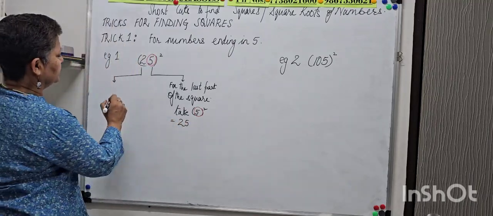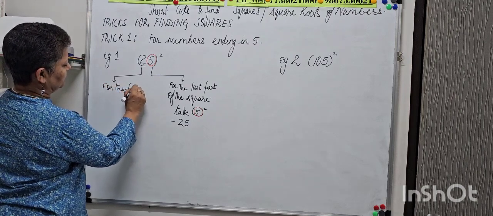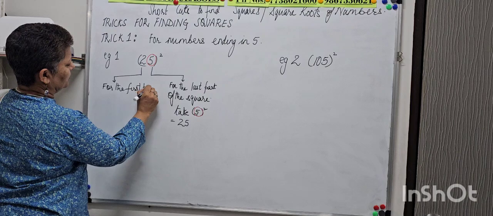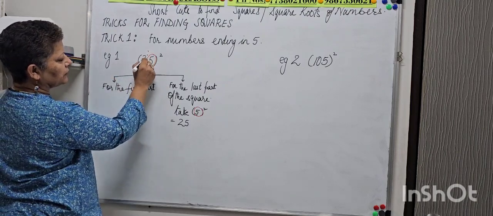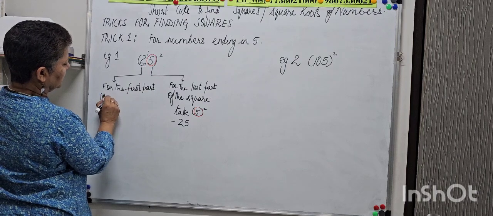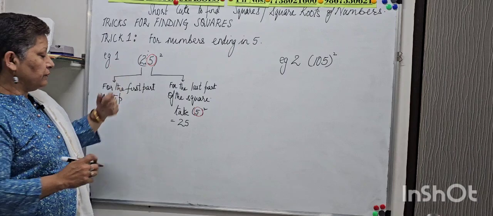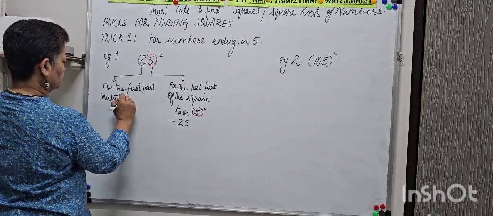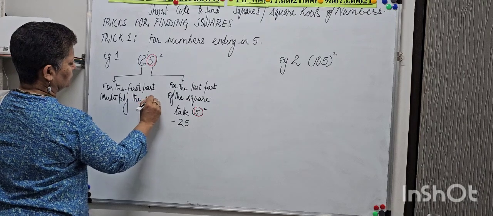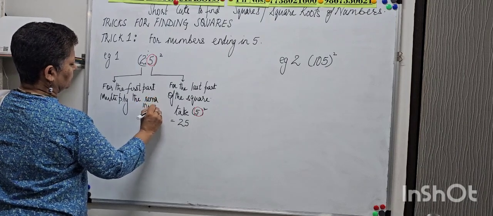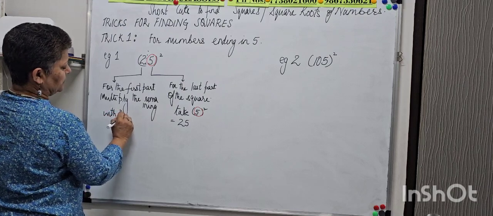For the first part, multiply the balance number, like 5 has been removed. So what is left after that? Multiply the remaining number with the next digit. If it was, say, 125, we would have multiplied 12 with the next number.